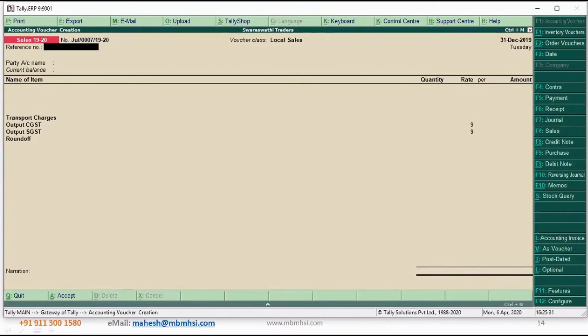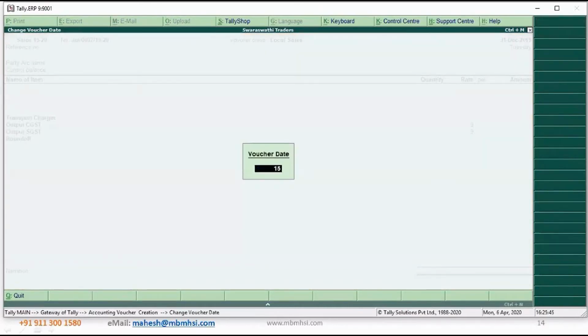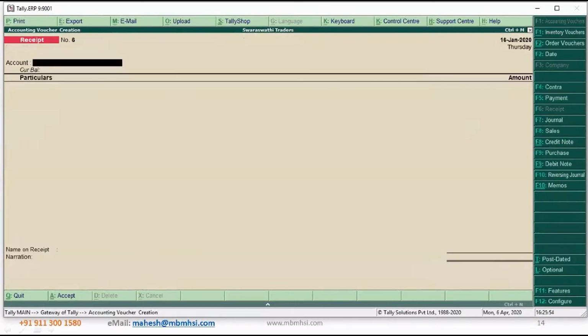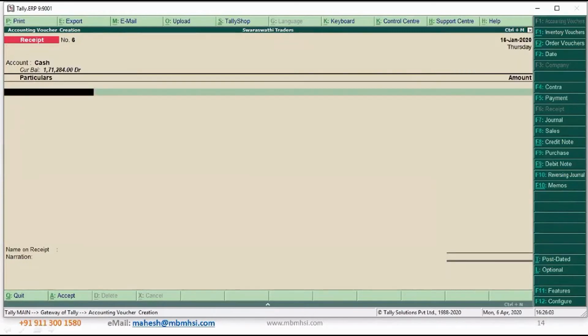Okay, so I did a transaction. Now, I'm also making one payment. Let me do one partial payment so that we could understand how this works. On 15th, sorry, 15th is a holiday. On 16th of January, we are receiving a payment from Royal agencies against the 45,000 we had billed him. He is paying us in cash.